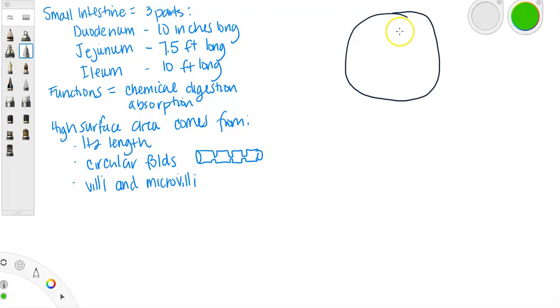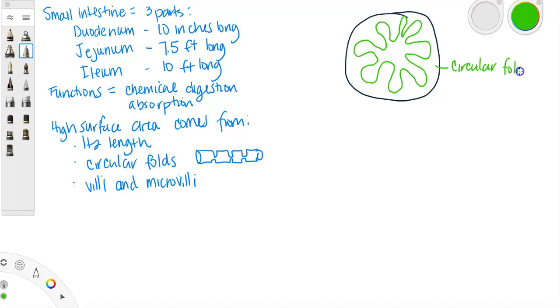The lumen looks kind of like this, with its little villi. All right, so here are circular folds. So this is one fold here, and then these little lump things are called villi.